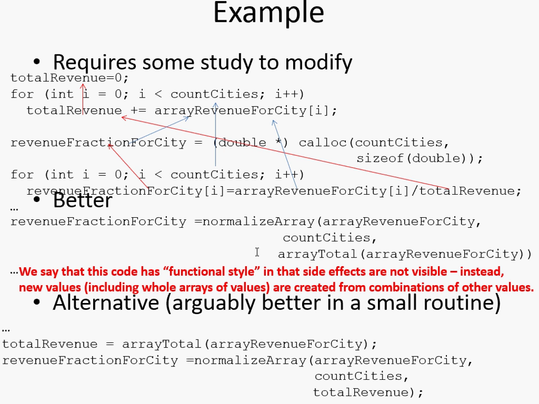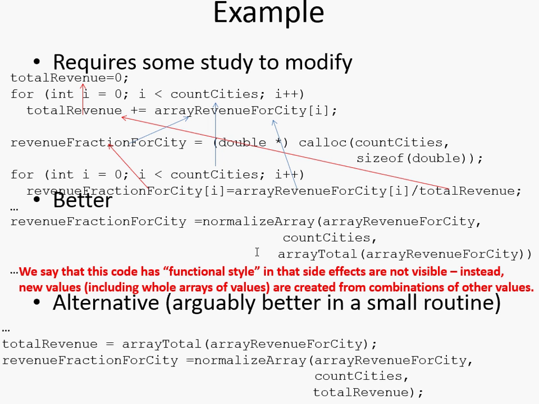Revenue fraction per city can be displayed as that expression. Okay, so this might be an even easier way to write it, where we explicitly state here array total is total revenue. We give it a nice name, and then we use it as the final argument.